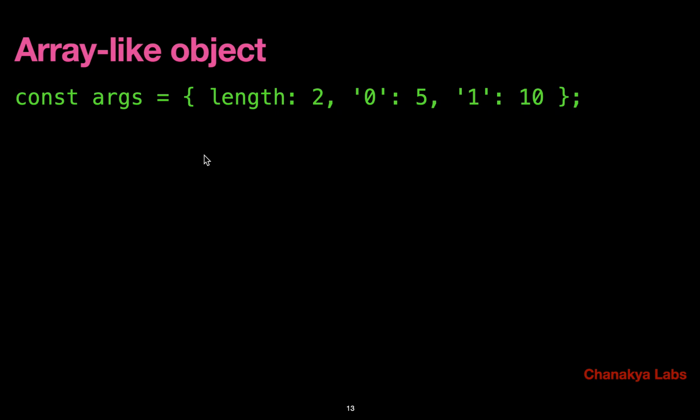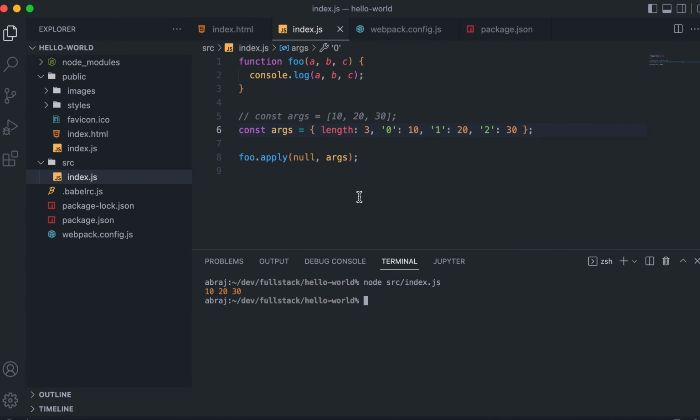Now what if, okay, let's see one more thing. Let's say that we are not using anything. Is there a way to check arguments? We earlier saw that there is a variable called arguments which is available inside all normal functions, non-arrow functions.